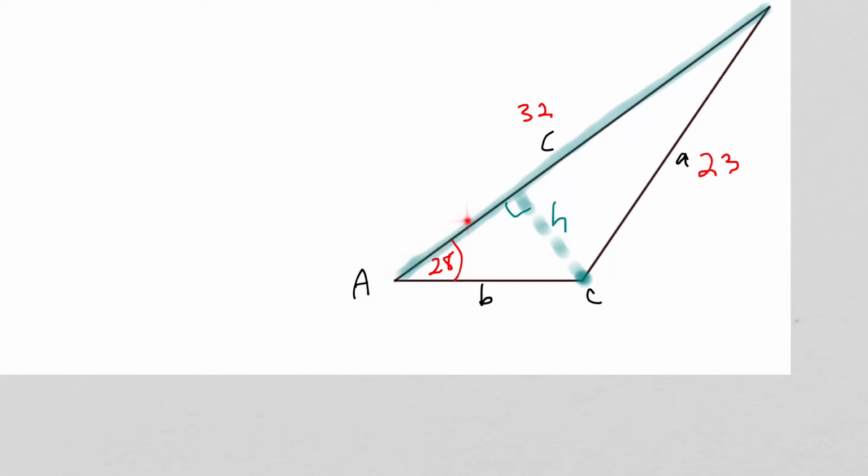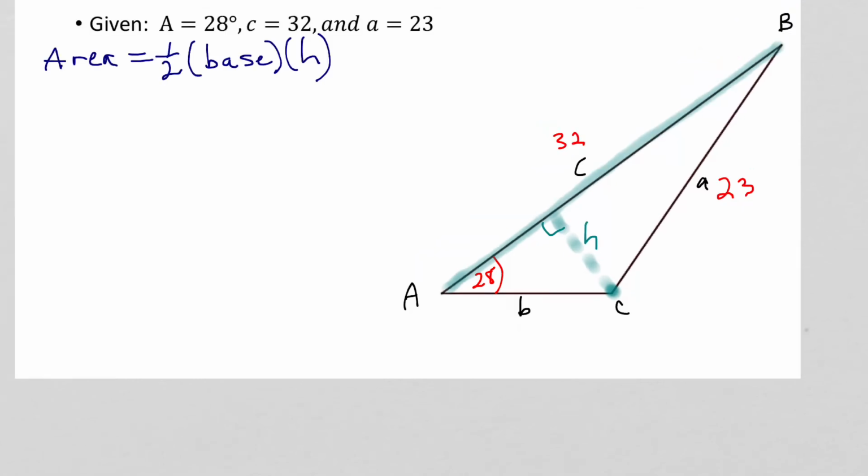So here's my base here, 32, and I need to calculate this H so I can plug them into my area formula. So let's write down the area formula. So there's my area formula. Now let's come up with a strategy for finding height. I can find my height using either one of these two right triangles and employing right triangle trig.